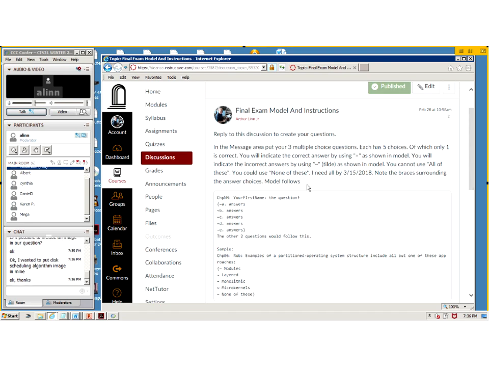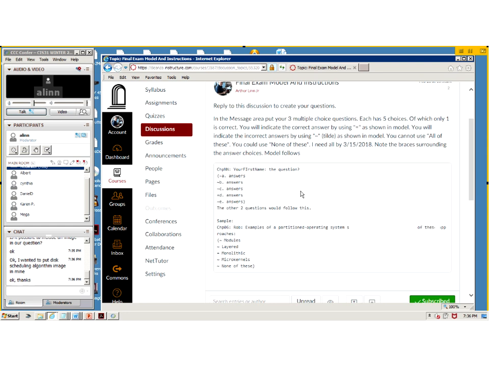Any other questions about what I'm expecting? 3 questions in the format, the way I indicated it. The main things are your questions need to be separated by spaces, a line. Your answers have to be on each separate line, and they start with no empty space or lines between your question and your answers. And you have a starting brace and an ending brace.